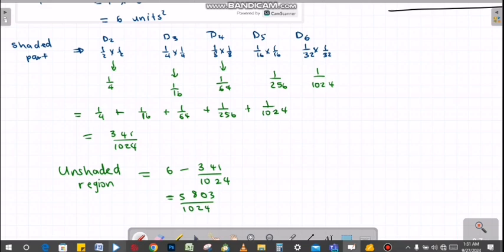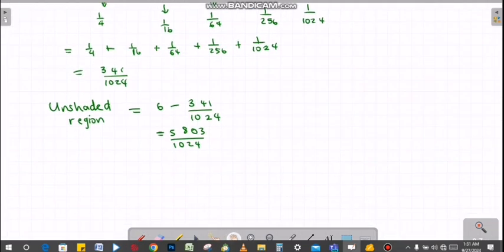Let's check what is the answer. So the answer is 5,67 units squared. Okay.